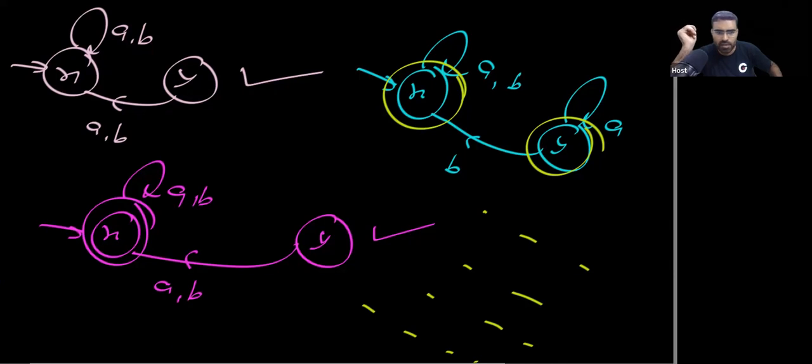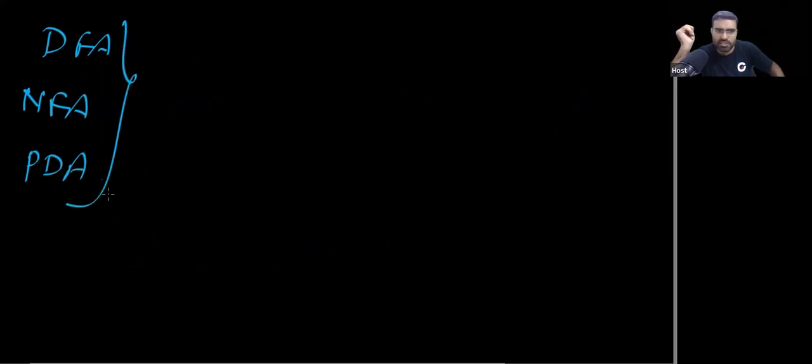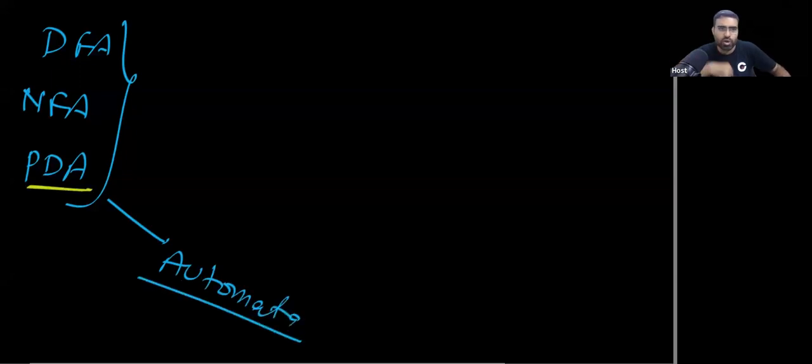Now let me tell you something very nice. Whatever I ask you, whether you see DFA, NFA, PDA, DPDA or Turing machine, all these are automata. We will study PDA, don't worry.